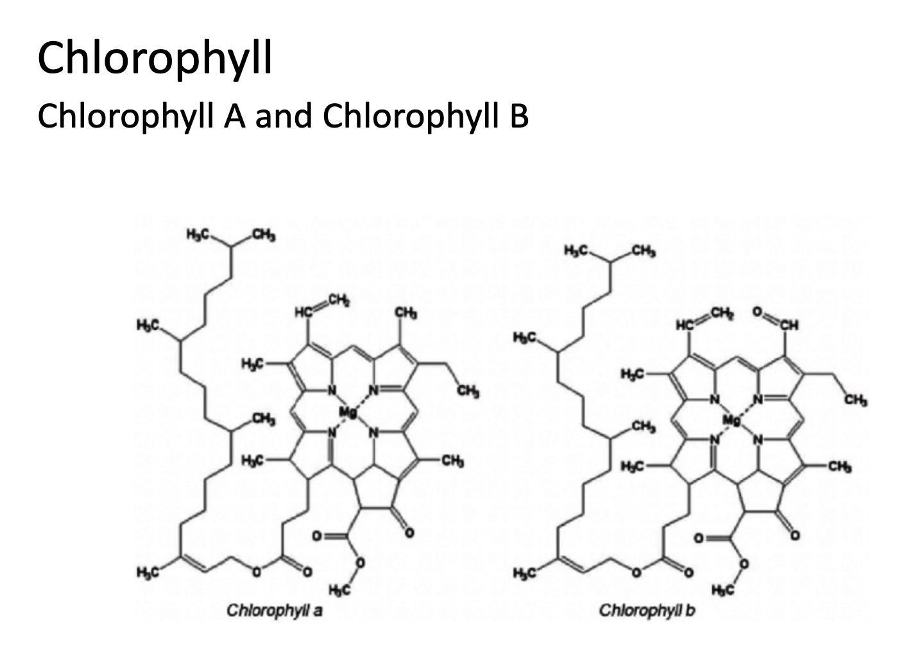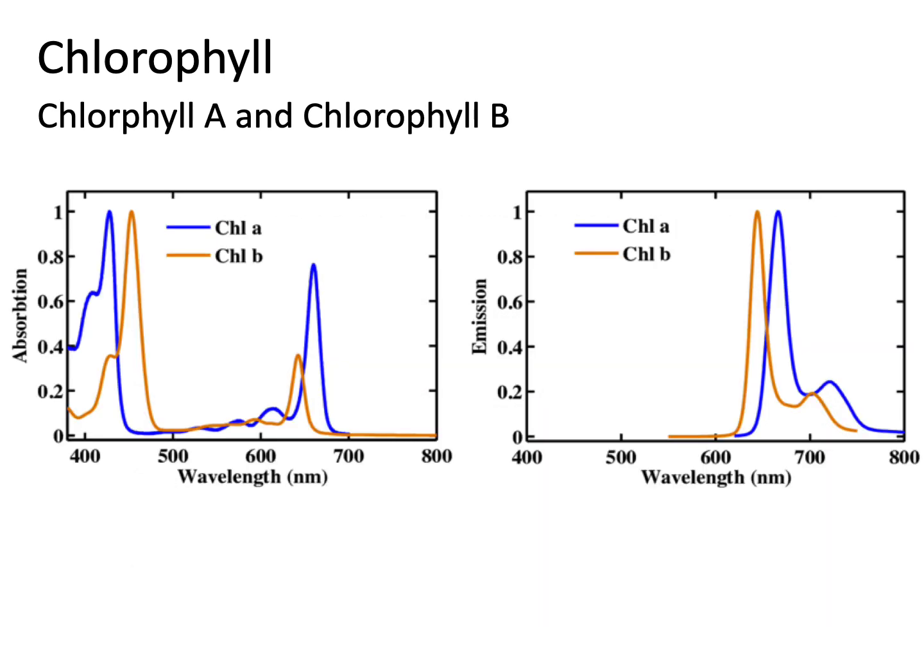So how different is their spectra? Well, we can look at absorption and emission here, right? So absorption is to the left. Again, that should look pretty familiar to you by now, that there are these two prominent peaks.